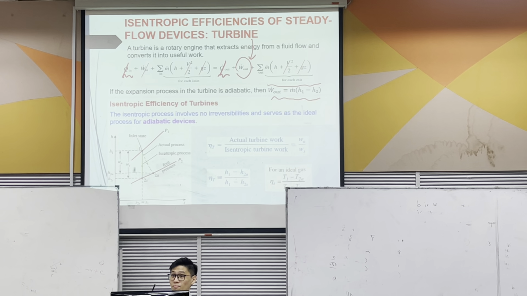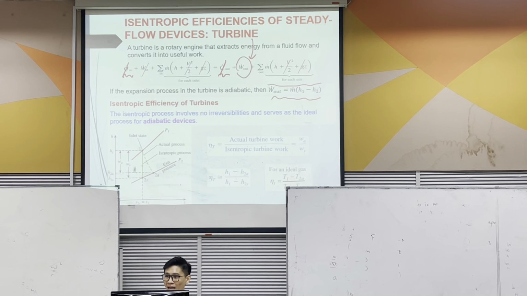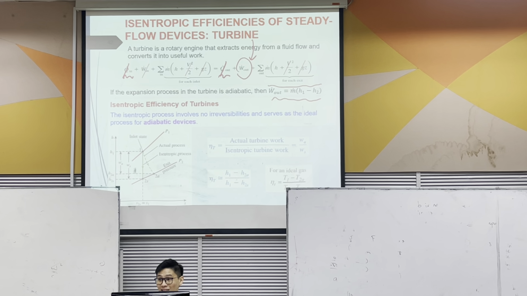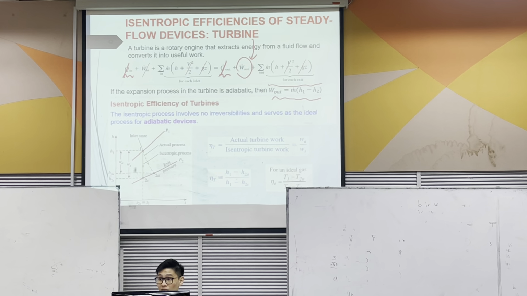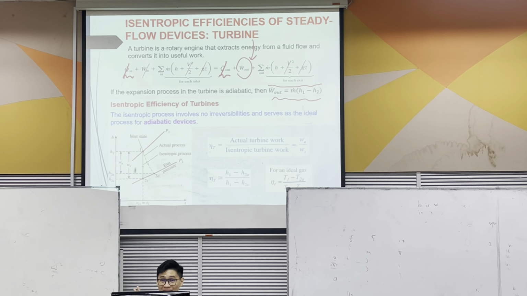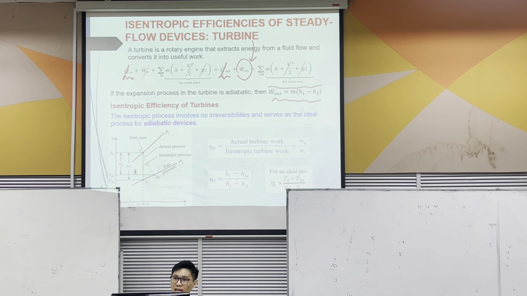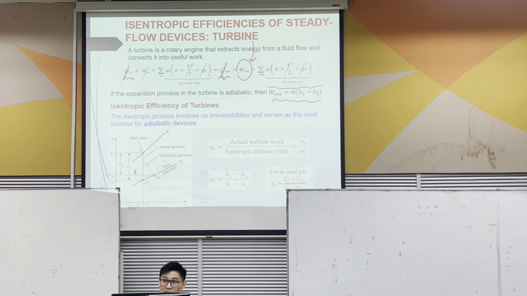If we know the isentropic efficiency of this turbine and apply it to the turbine, it means that we account for the heat loss or heat gain of the turbine itself. You get what I mean? Essentially it's just how close the turbine is to the ideal case, which is the adiabatic case.